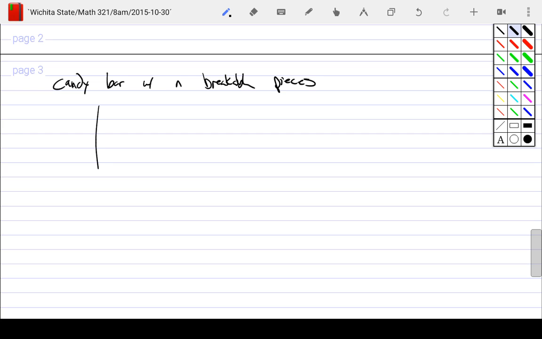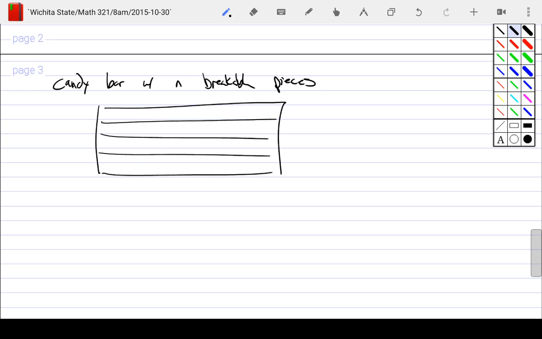In other words, I look at this, I have this big rectangle, and there are these little lines in it, right? And I can snap it. And I notice for my rectangle with these n pieces, one of the questions I have is, if I want to share this with n people, how many snaps do I have to do to share it with n people?